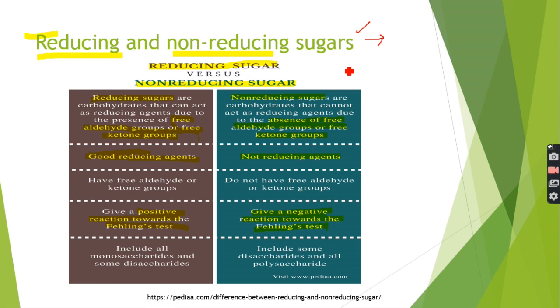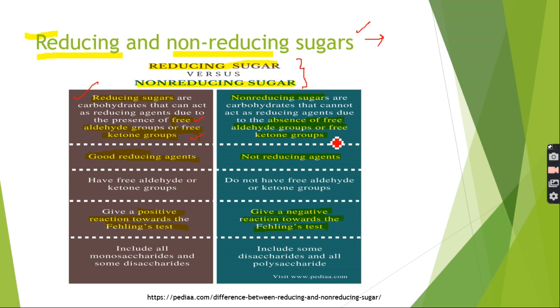We will see about the tests after a while, but first let us see the difference between reducing and non-reducing sugars. What are reducing sugars? Basically, in the structure they will have a free aldehyde or a free ketone group, or they will be able to change their structure so that they get a free aldehyde or a free ketone group.